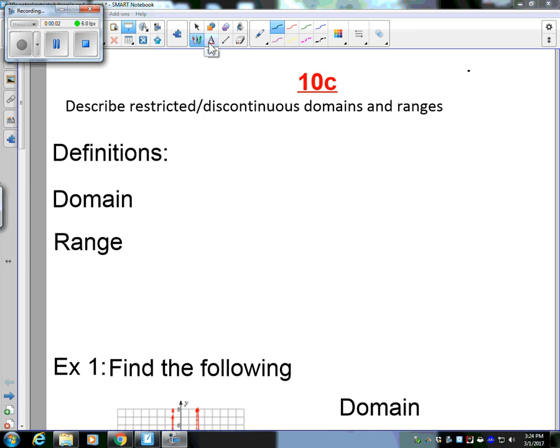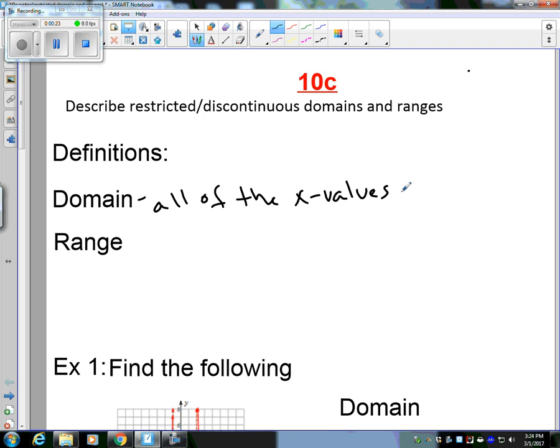Welcome to 10C, which is describing restricted and discontinuous domains and ranges. So quick definitions: domain is describing all of the x values of your graph of the function.